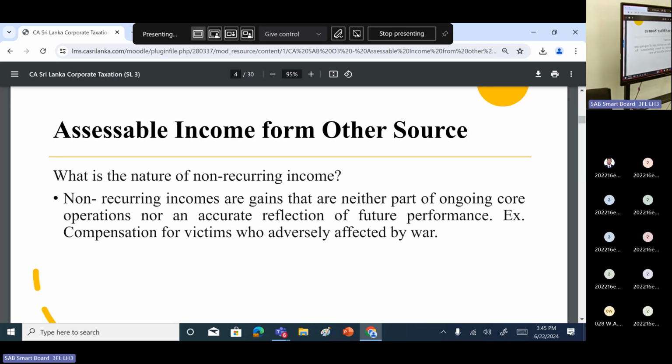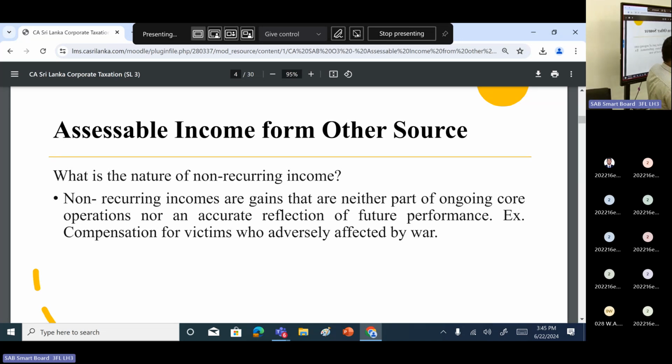Remember, for any income which comes under business income, we have a chance to deduct some expenditure. For investment income, there may also be a chance to deduct expenditure. But in the case of employment income as well as other income, there is no chance to deduct expenditure.